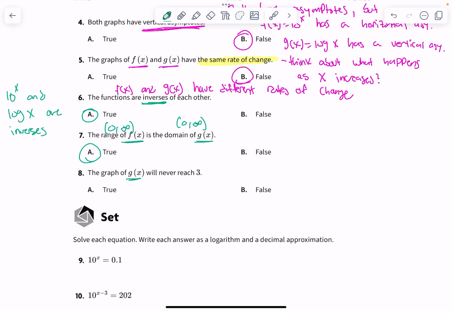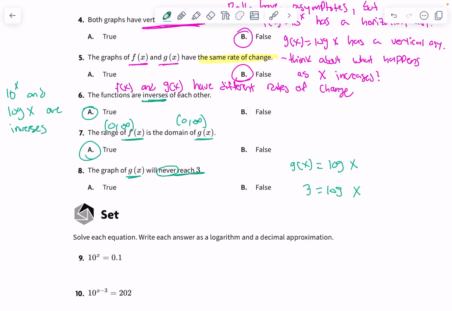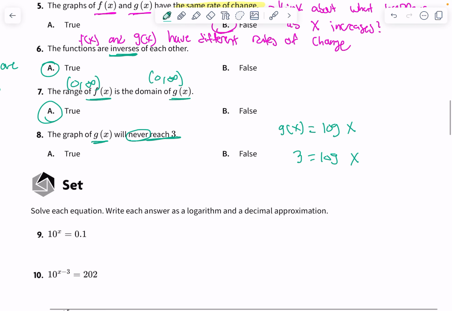Now for 8, the graph of g of x will never reach 3. So g of x is equal to log of x, right? So we'll never reach 3. That means that 3 is equal to log of x. Let's think about that. How would I solve for that? I can rearrange this and take 10 to the power of that, so we can isolate it.